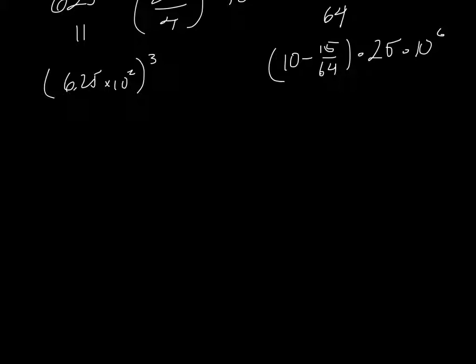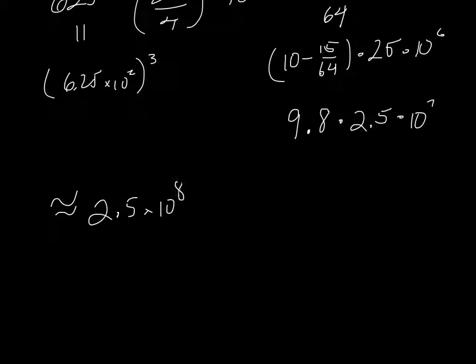If it was 10 minus 16/64ths, it would be 9.75. So let's call this 9.8 times 2.5 times 10 to the 7th. In other words, let's call it about 2.5 times 10 to the 8th.